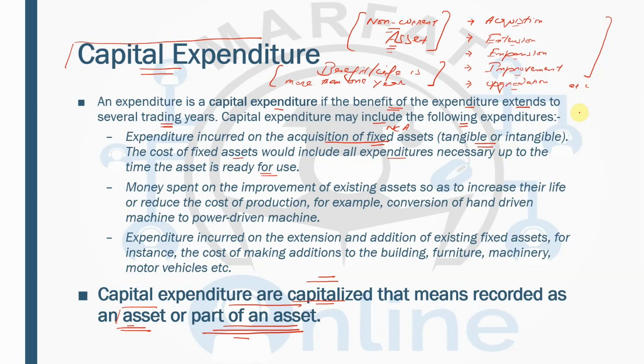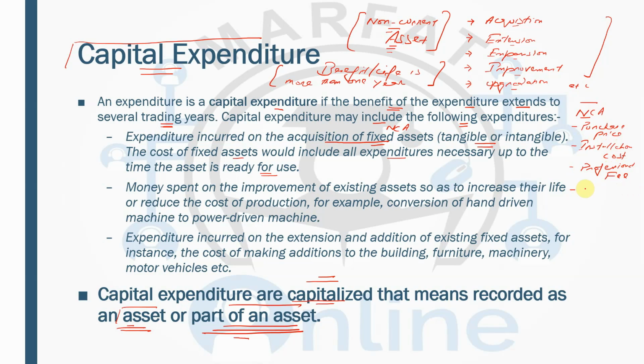Say, for example, you have purchased a non-current asset. One component may be the purchase price. The other component may be the installation cost, like you are spending something to install that asset, maybe paying a professional fee to someone to install it.